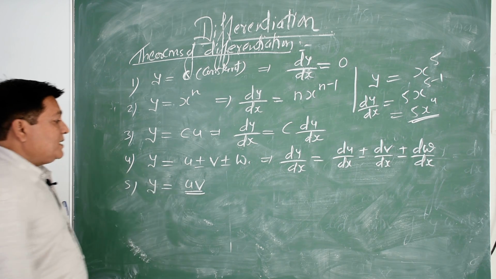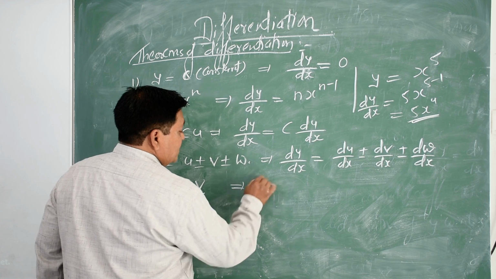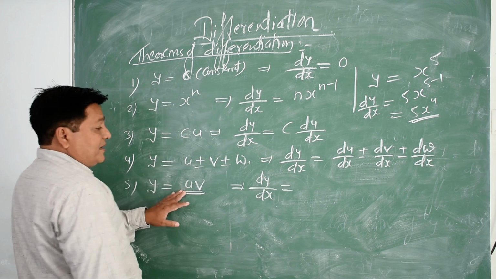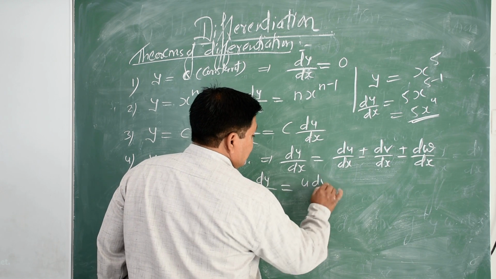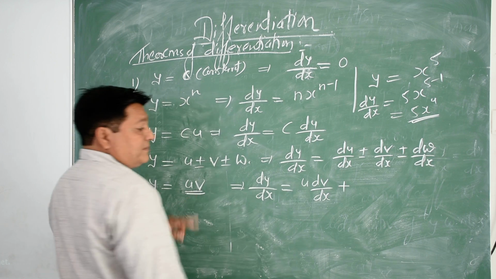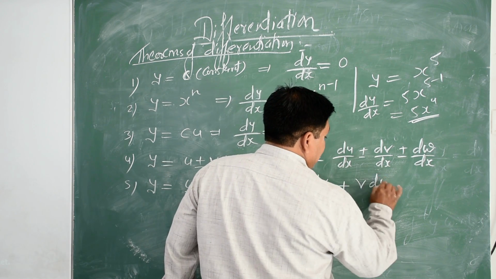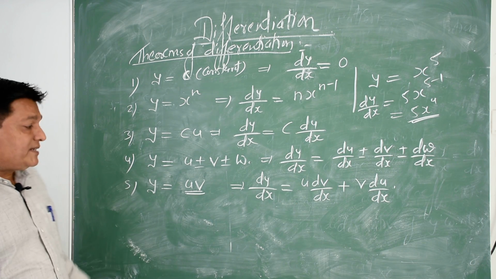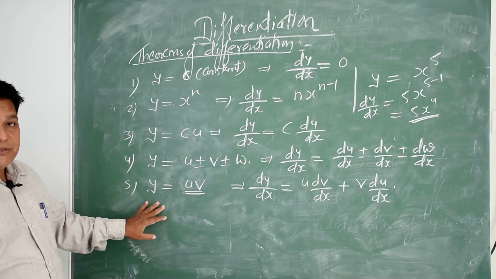How to solve this? We write here the differentiation of y, dy by dx is equal to, first we leave the first term u, differentiate second, then plus, then we leave the second term v and differentiate first. In this way we can solve this type of problems.